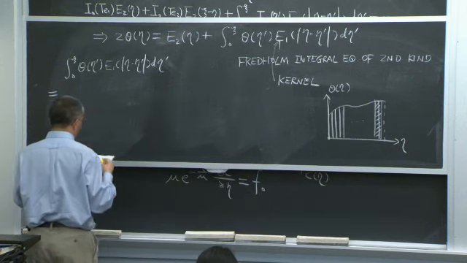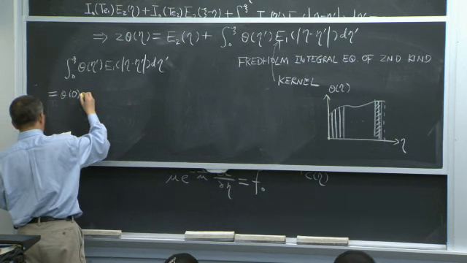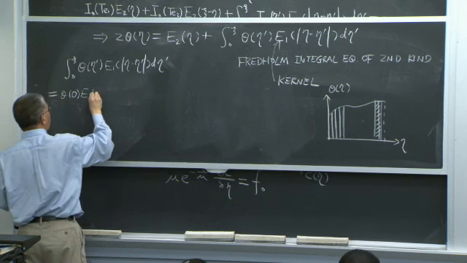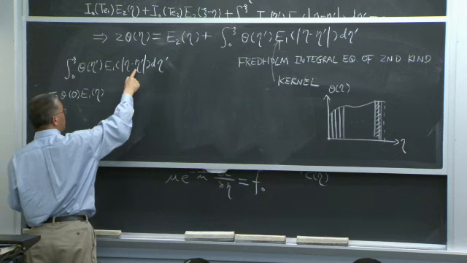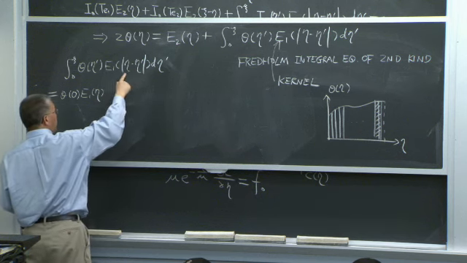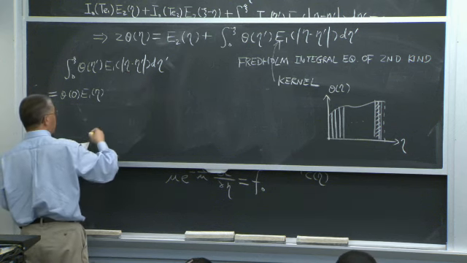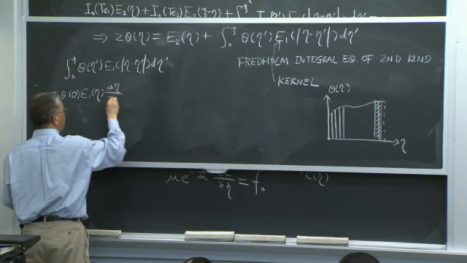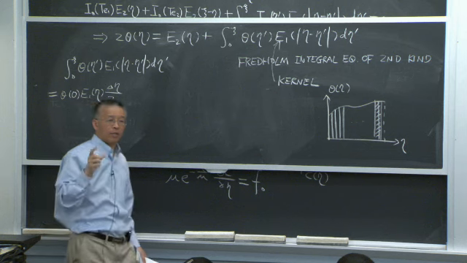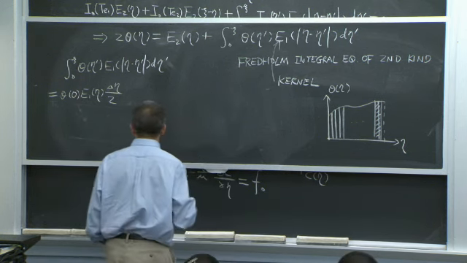So I have theta 0 and E1 of eta, and this is when eta prime equals 0, so eta minus 0, that's eta itself, is positive, so I don't need the absolute sign. Delta eta over 2, where delta eta is the separation of the points, right?